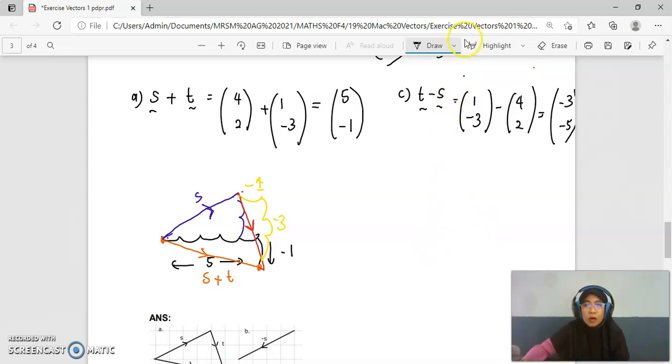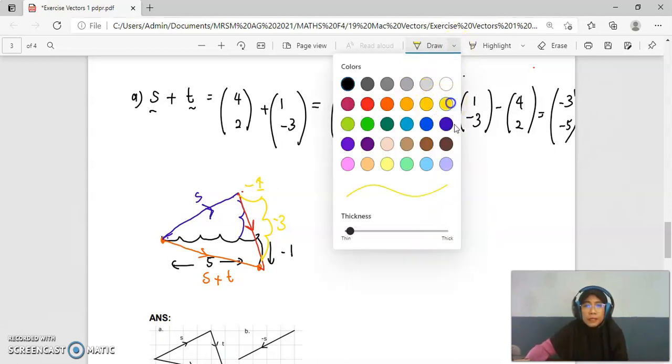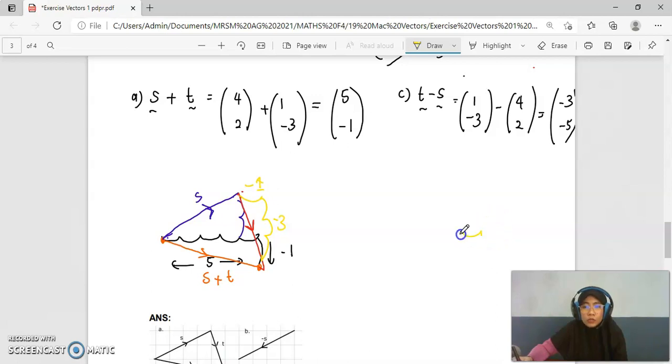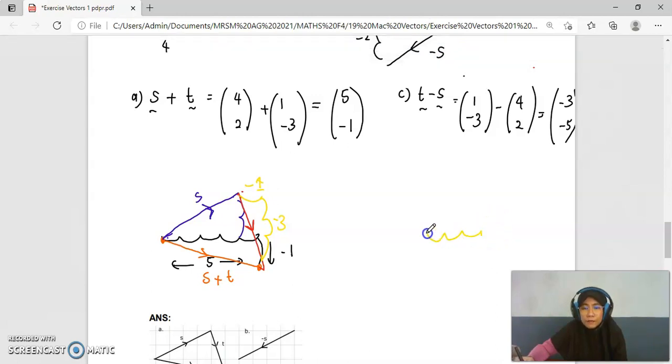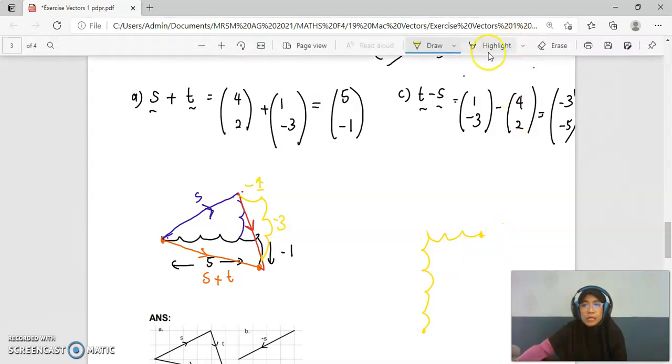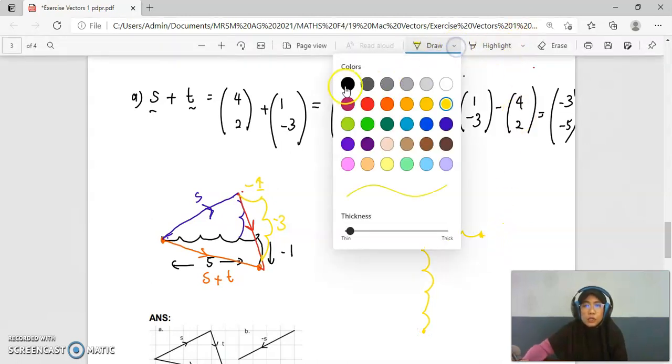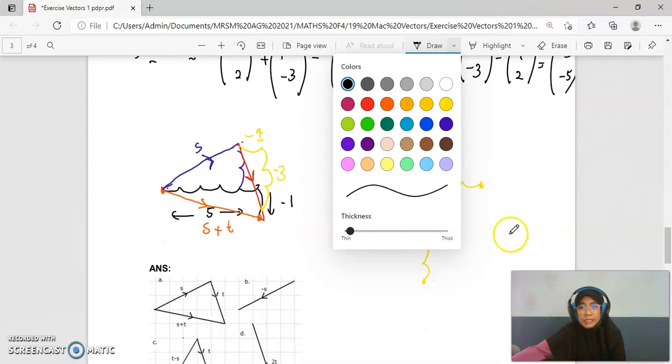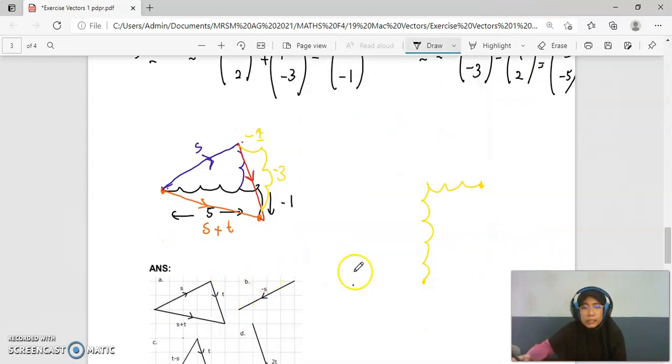Okay, so take 1, 2, 3, negative 3 to the left, and 1, 2, 3, 4, 5, negative 5 downwards. Okay, so t minus s is located here. That one is t minus s.